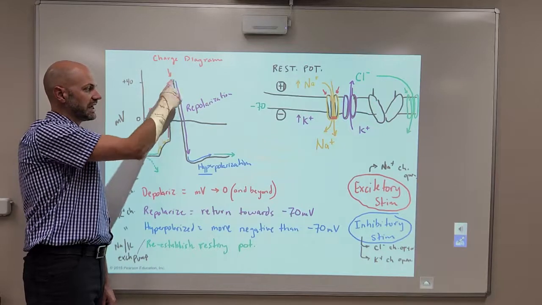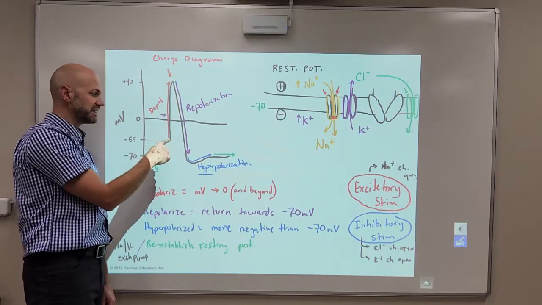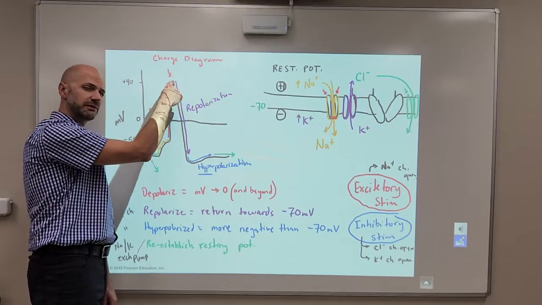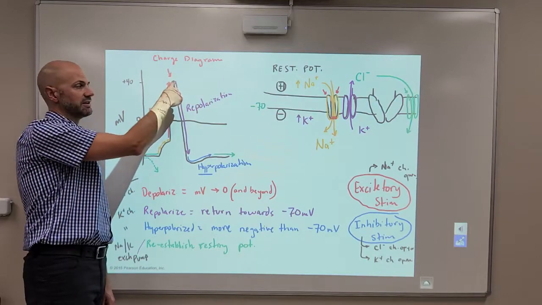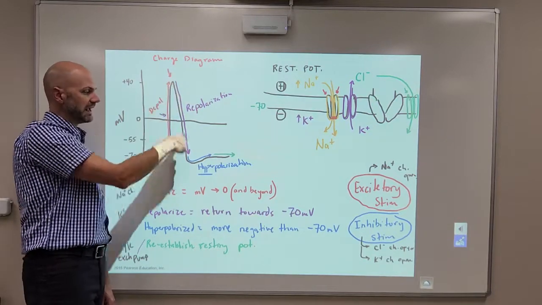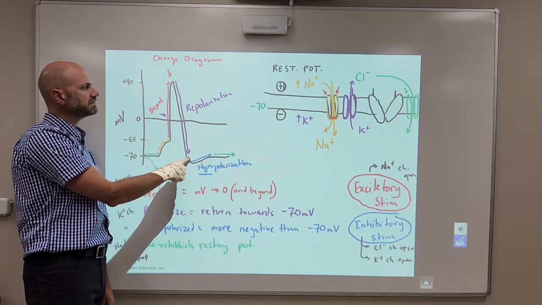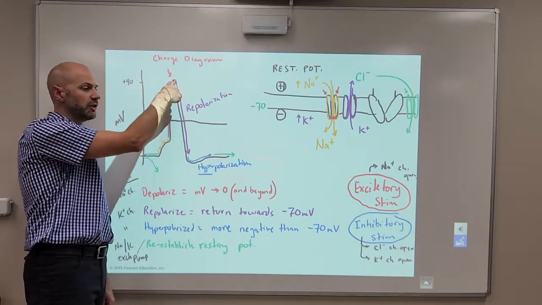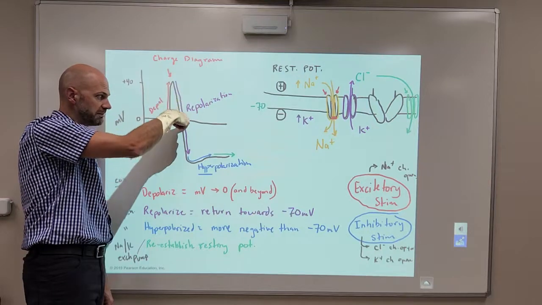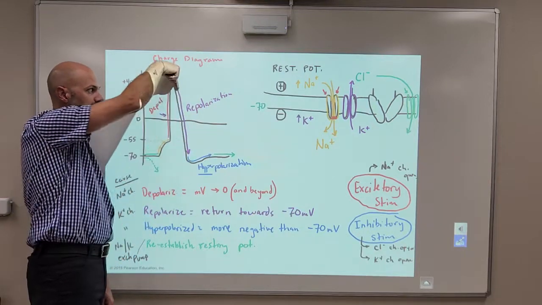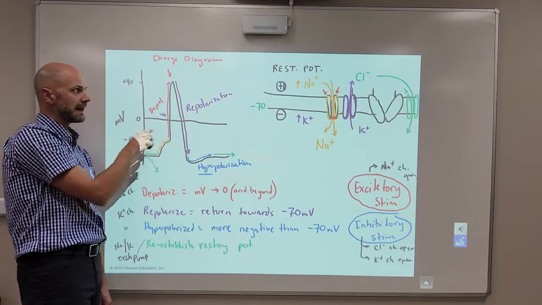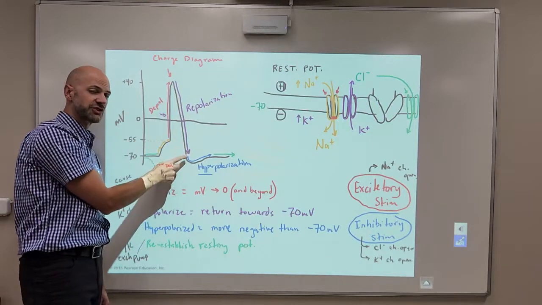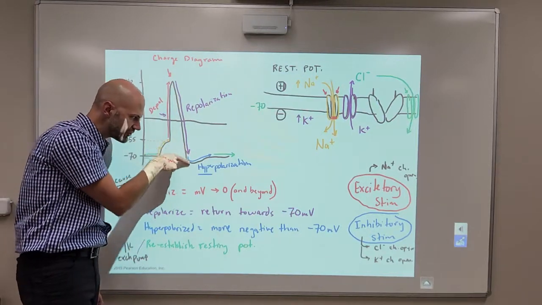So the voltage gating for the sodium channel is minus 55 and plus 30 or plus 40 approximately. And the potassium channels are gated at plus 40 and minus 70. The potassium channels are open, which allows for rapid repolarization. We're going to repolarize that membrane, go back towards minus 70. But these potassium channels are slow to close, so it always overshoots a little bit.